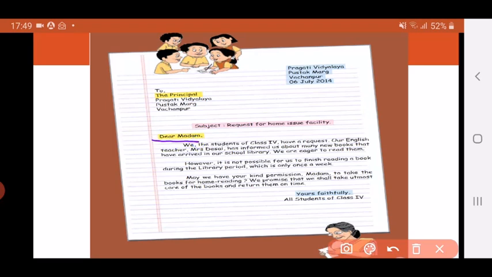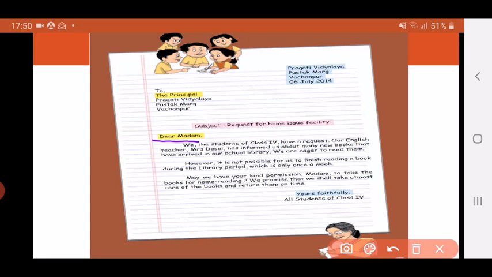Dear Madam, we the students of class 4 have a request. Our English teacher Mrs. Desai has informed us about many new books that have arrived in our school library. We are eager to read them.